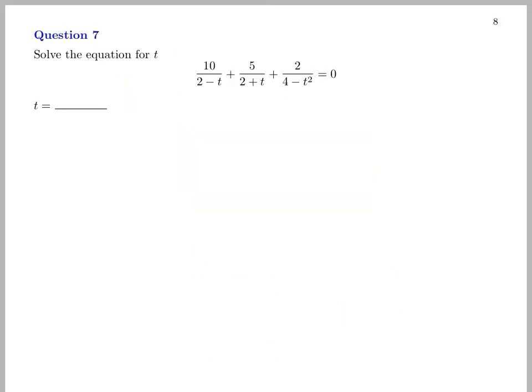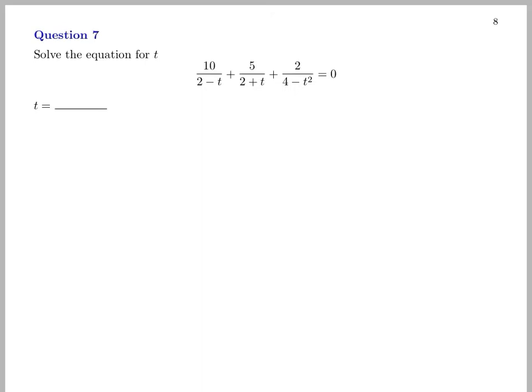Okay, this one now involves a lot of fractions. So what I could do is multiply everything through by the least common multiple of the denominators, which would be 4 minus t squared.